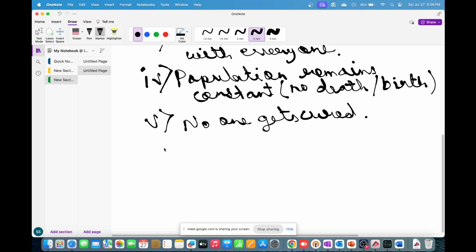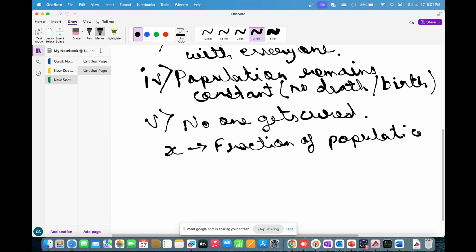Now, if we get to the model, assume that x is the fraction of population infected, and obviously if x is the fraction of population infected, 1 minus x will be the fraction of uninfected population.